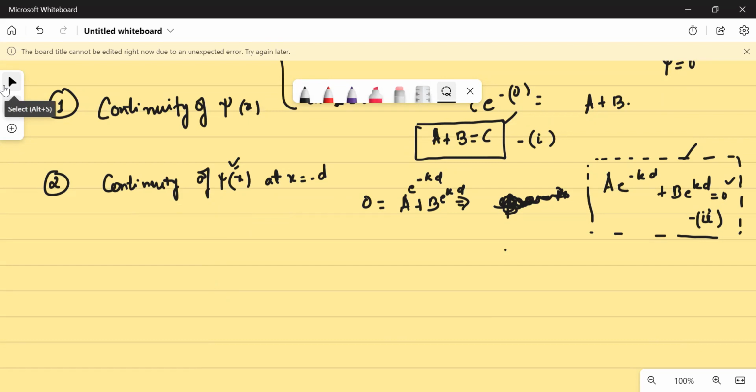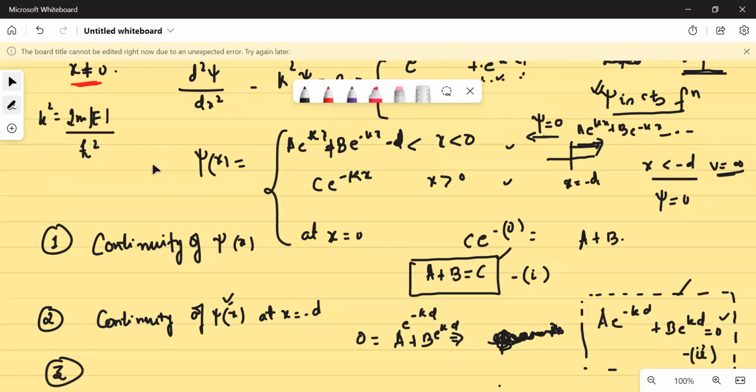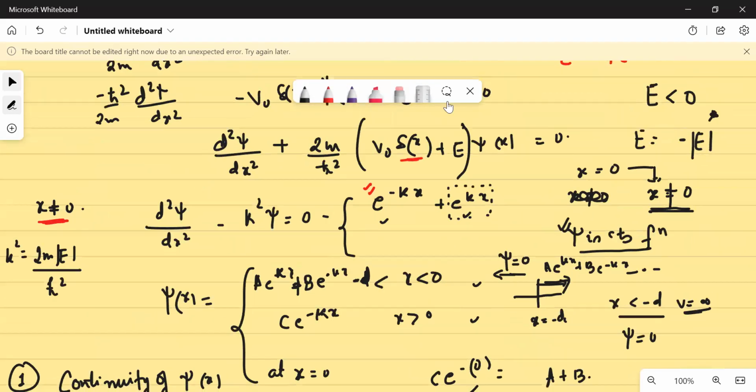Now, what would we do? The third thing that we do, whenever you have these differential equations containing a Dirac delta function, I will write it all over again because again there would be a mistake. So this is that differential equation that we need to solve.